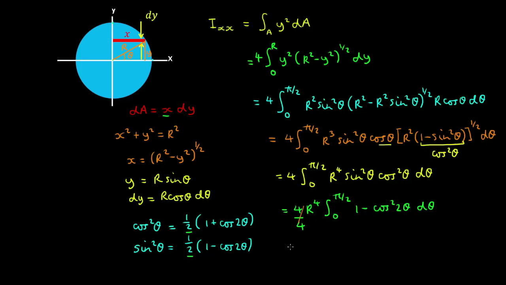And the 4's cancel, so we have r to the 4 by the integral from 0 to pi on 2. Then we have 1 minus cosine squared 2 theta, which, using the double angle trig identity, by replacing theta with 2 theta, so this becomes 4 theta, and we have 1 half by 1 plus cosine 4 theta, and this is all integrated over theta.